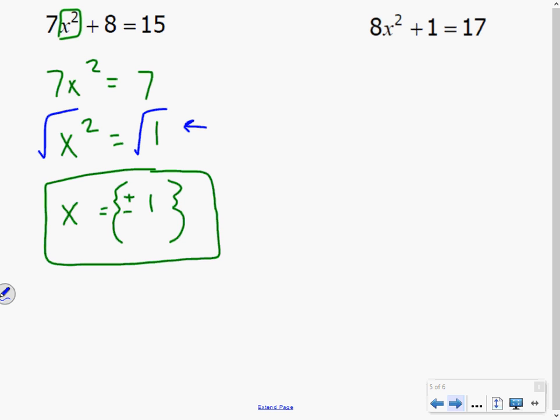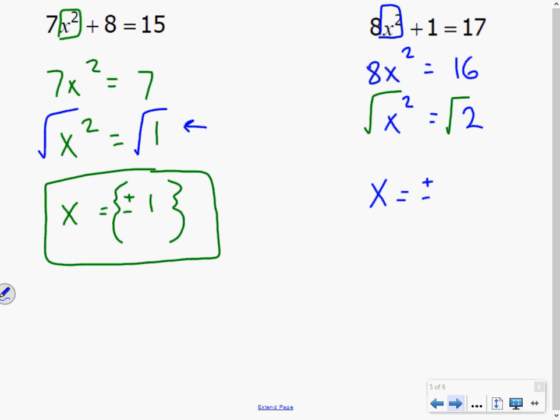Again, we're going to start by isolating our variable. So I'm going to subtract 1 first, divide by 8, and then take the square root of both sides. So I get x is equal to, I'm going to put my plus or minus here, and then I don't know what the square root of 2 is.